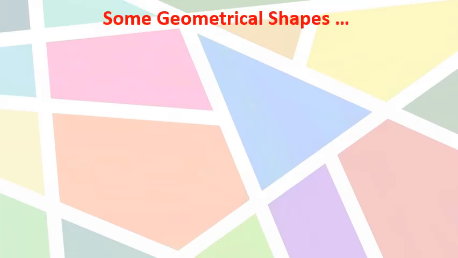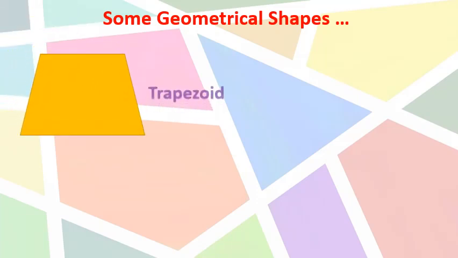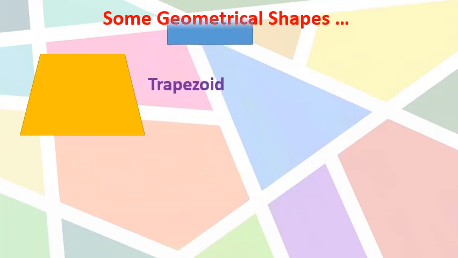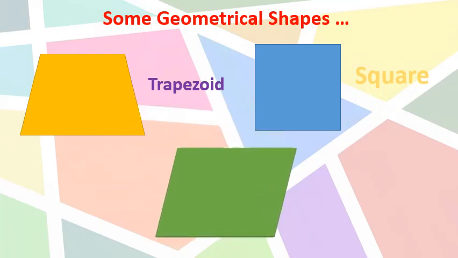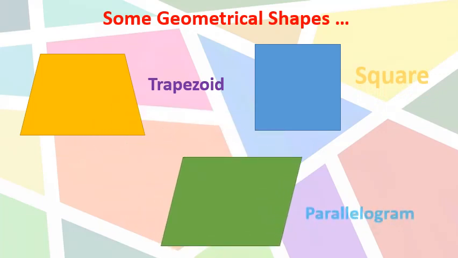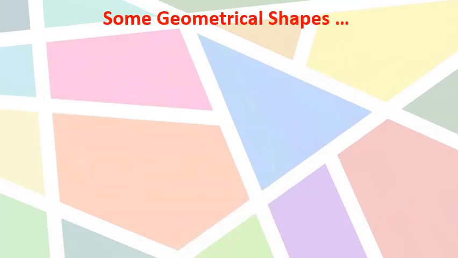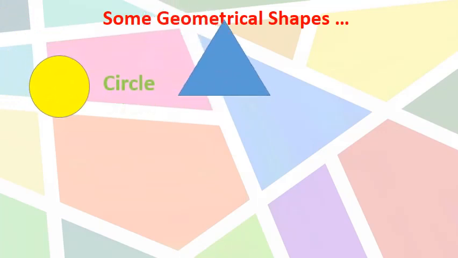So first of all, some geometrical shapes. This is a what? This is a trapezoid. This is a what? This is a square. This is a parallelogram. Again, some geometrical shapes. This is a circle.